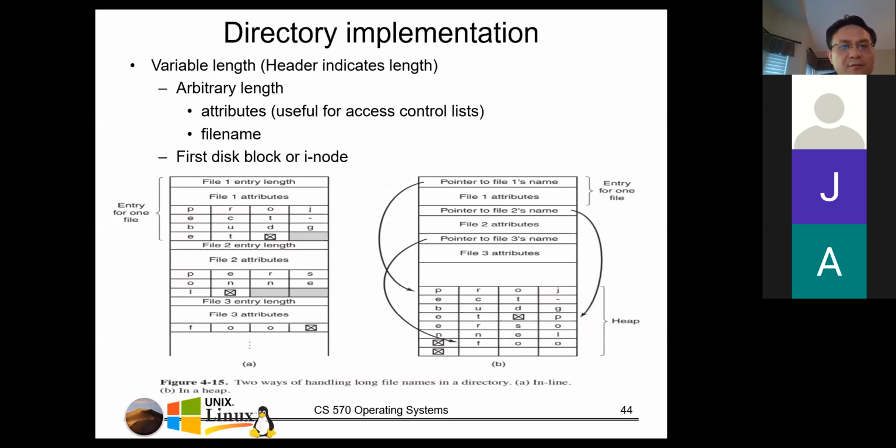For each directory entry record, it has a variable length. That's what this means. Each record has variable length, but a portion of that record contains a fixed portion. Let's look at the diagram to the left here.